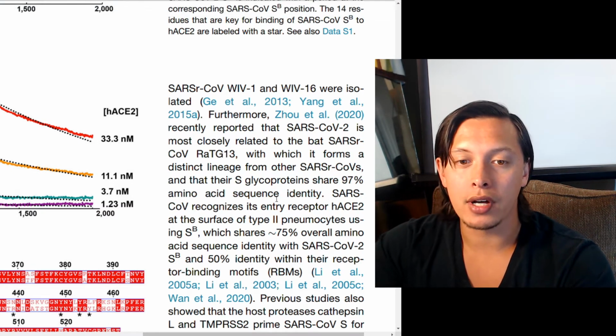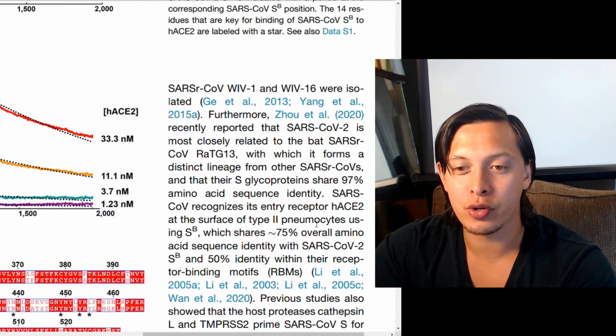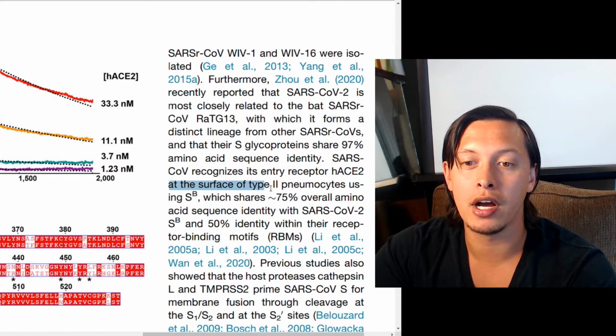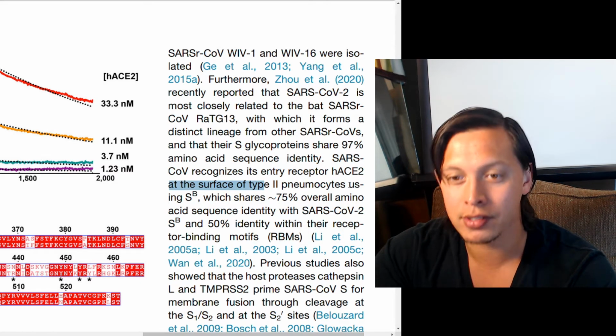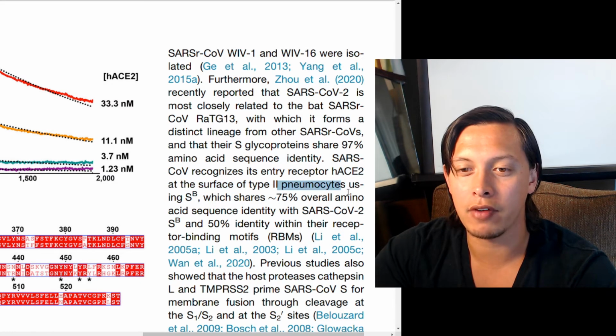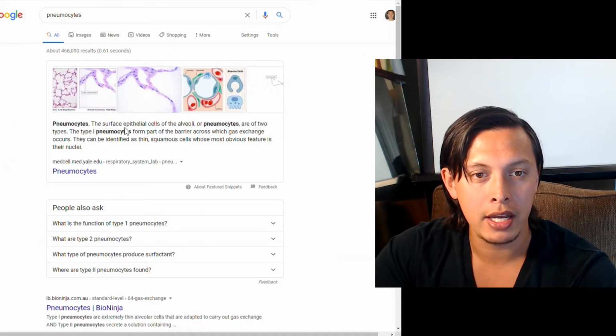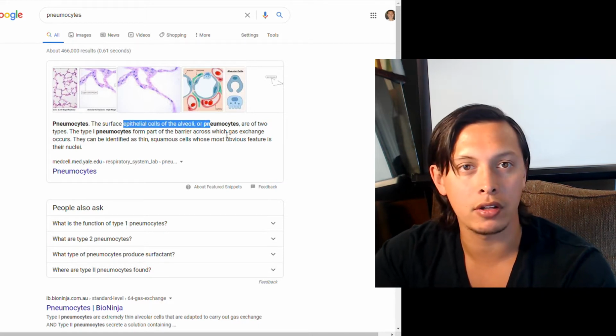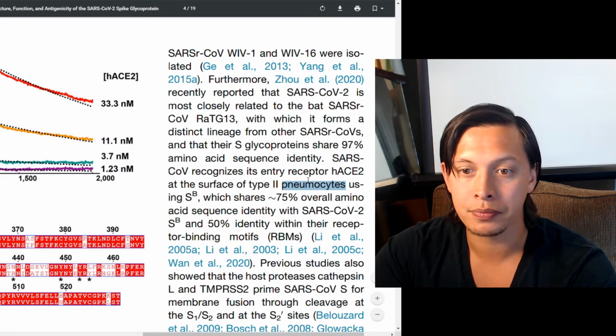So SARS-CoV-2 recognizes its entry receptor, human ACE2, at the surface of type 1 pneumocytes. Pneumocytes, I believe, are lung cells. Yeah, the surface epithelial cells of the alveoli, which are the little sacs within your lungs.